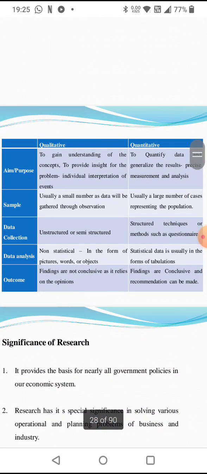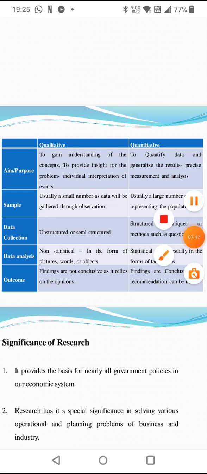So here are brief, very concise differences between qualitative and quantitative research design. On the left side you state the parameters for which you are differentiating both qualitative and quantitative, and then you can go with the differences.